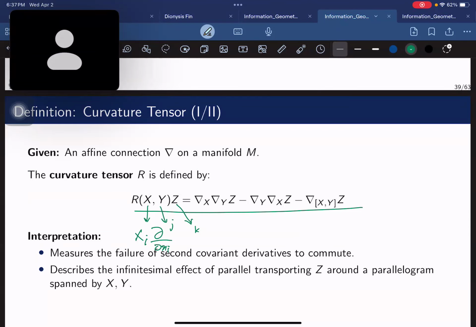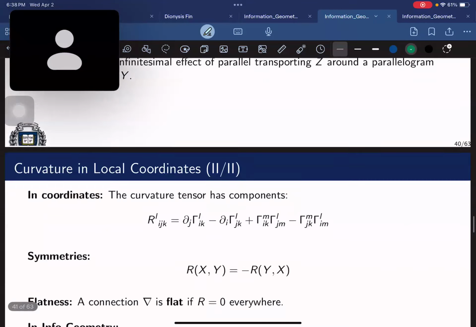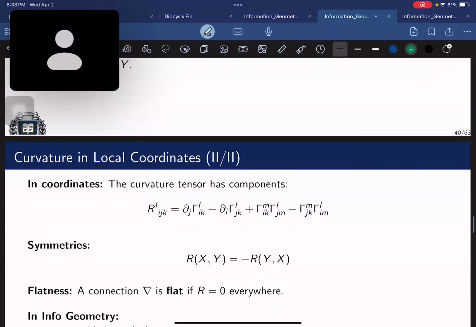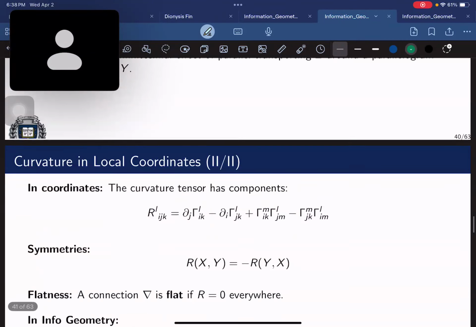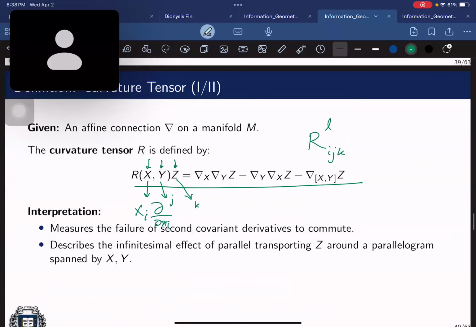Then at each point, it would be, again, a tensor. We want it to be linear with respect to the first, second, and third components. So it's given by this form of this number of functions. Yes.